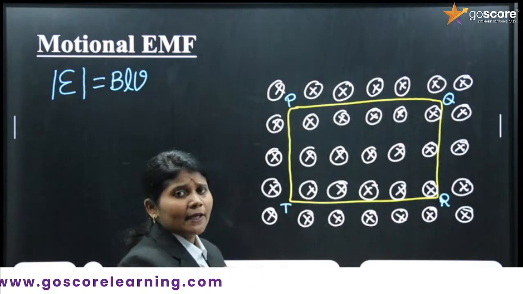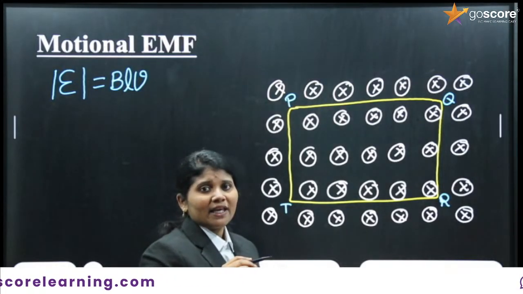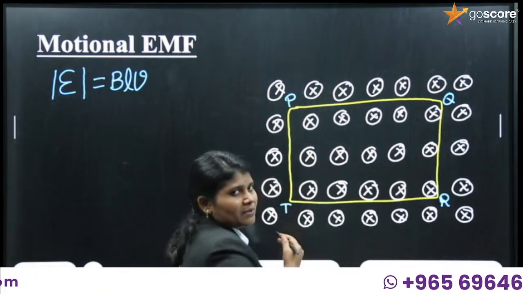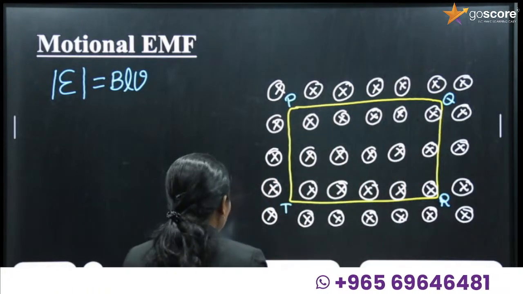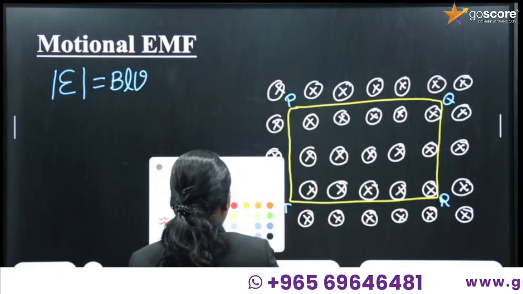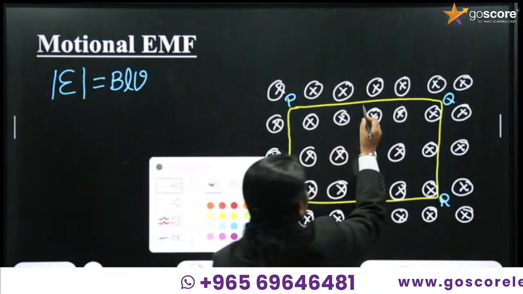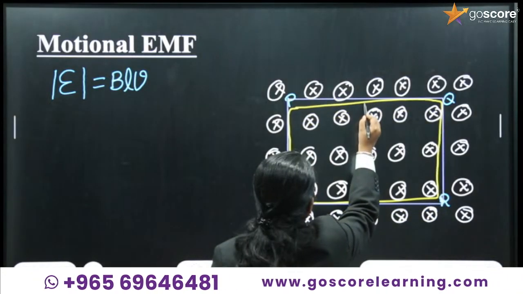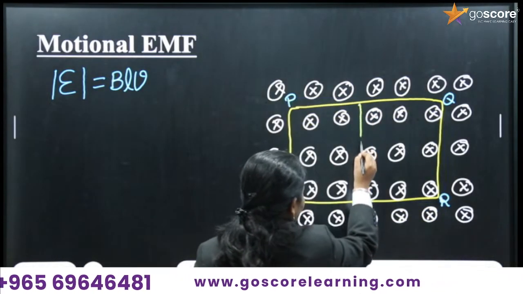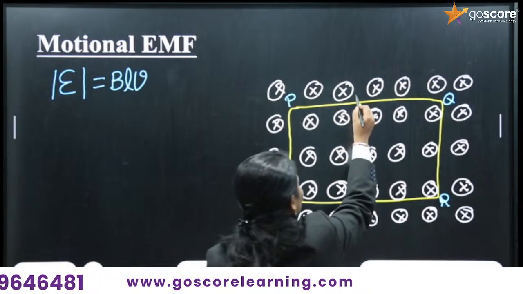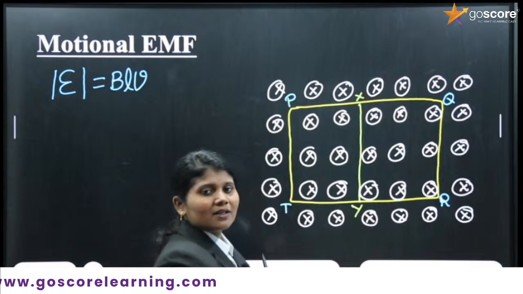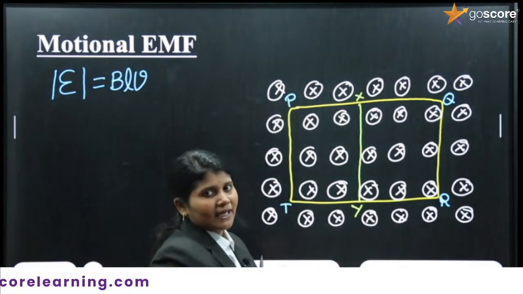Then I am taking one wire sliding on the metallic frame. I am indicating that metallic wire as XY.